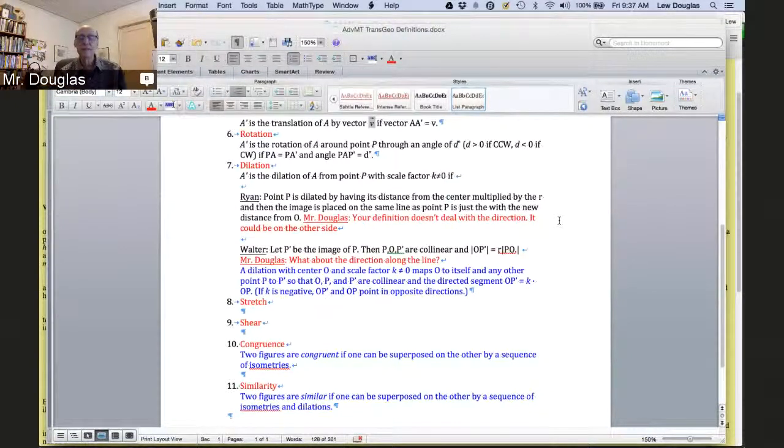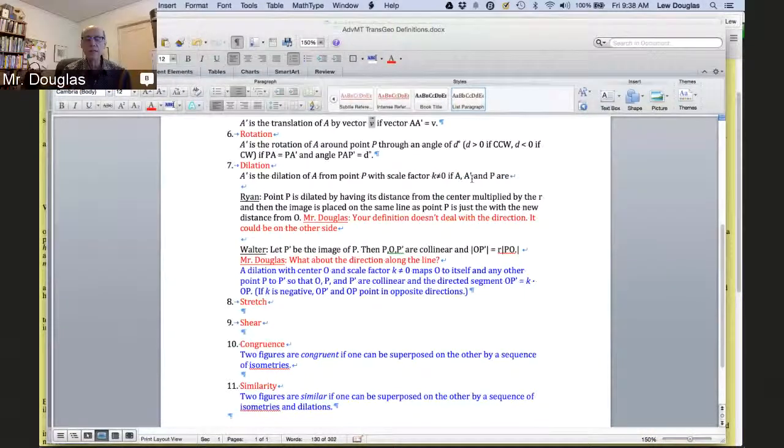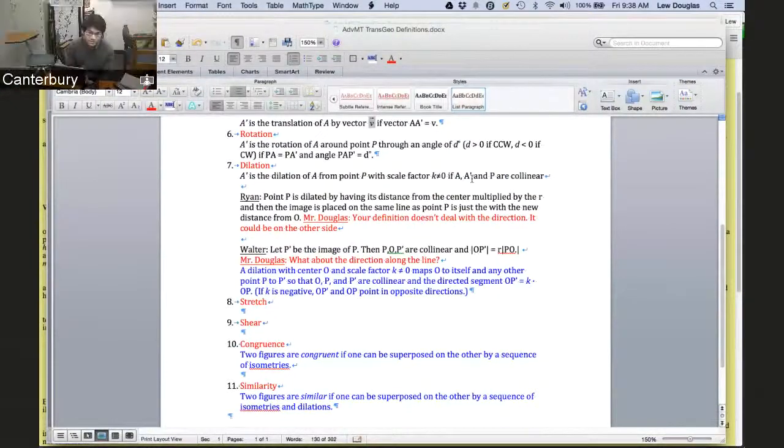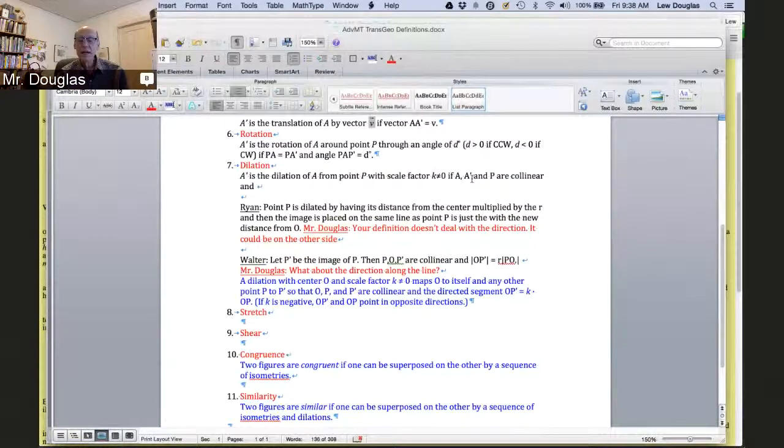Okay. If A prime and P are collinear. Okay. A prime and P are collinear. Okay. And the length of A prime P is K times the length of AP. I wonder if I can take yours here and just modify it.